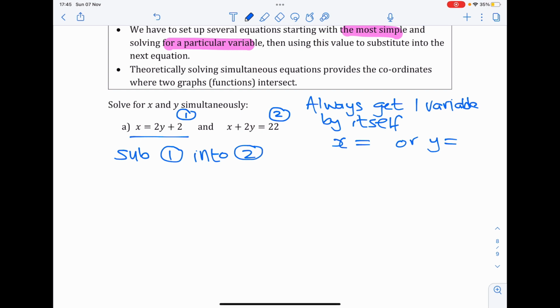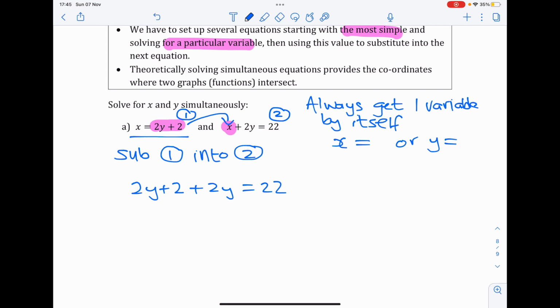So what we're doing here is wherever we see an x in equation 2, we're going to write 2y plus 2 because that's what x is equal to. So 2y plus 2 plus 2y equals 22. So you can see I've just substituted in this over here for x.